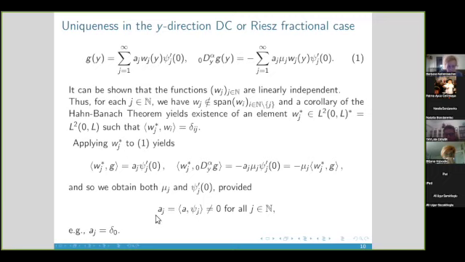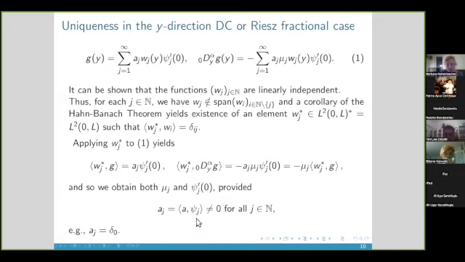And for this purpose, let's recall that a j's are the Fourier components with respect to the basis psi j of our excitation. So for simplicity, if our excitation is just delta 0, then all its Fourier components, even without knowing these eigenfunctions, have to be non-zero.